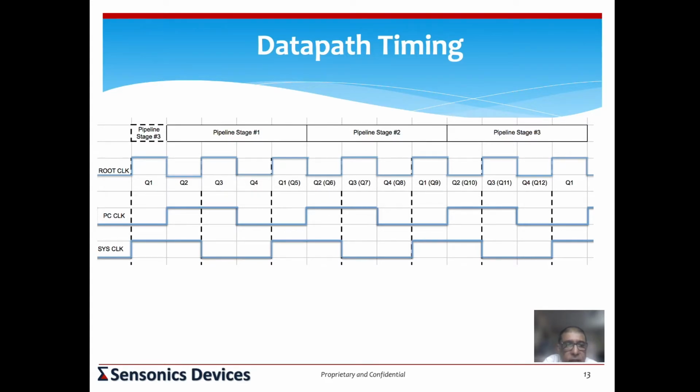As you can see here, you're using the PC and the CISC clock, but you have resolution of the original root clock. So the critical path is 2 cycles of the root clock, and your worst case path could be only 2.5 cycles of your root clock.